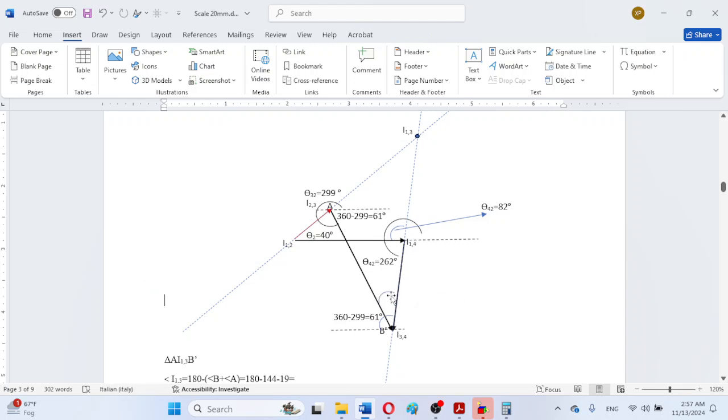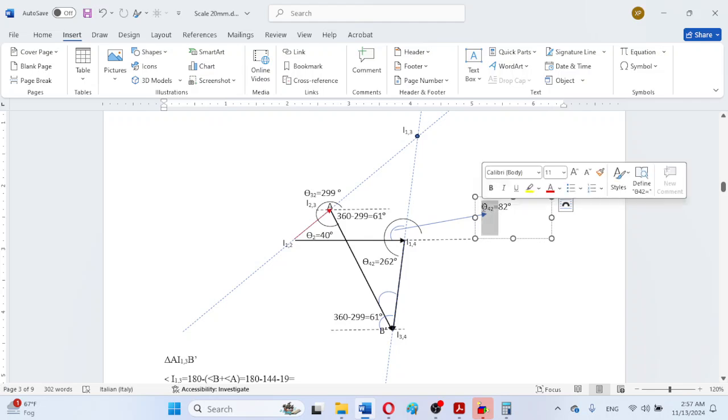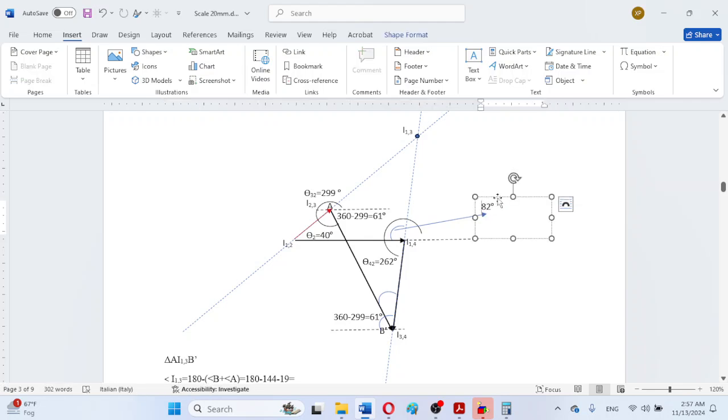This angle will be equal to this 82 degrees angle, which can simply be moved here.